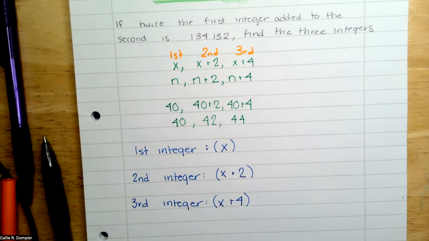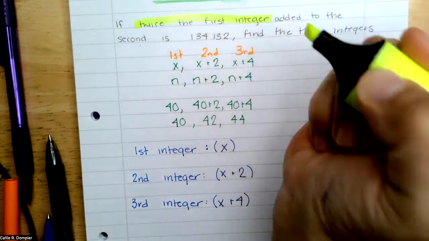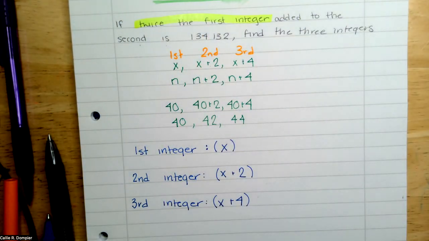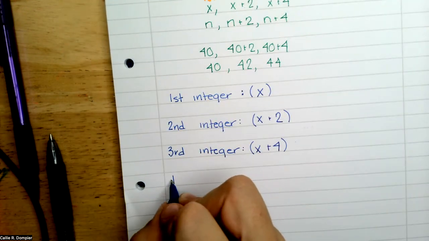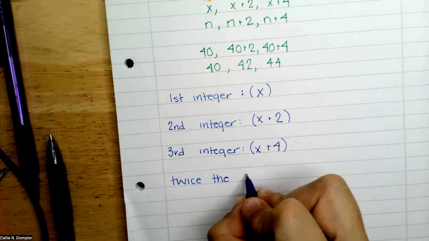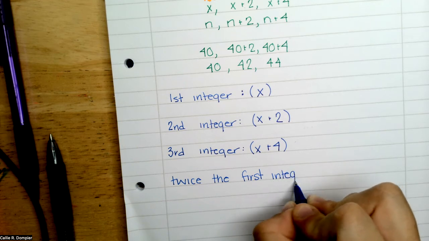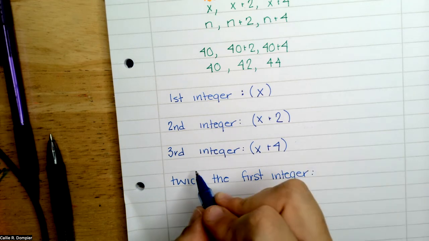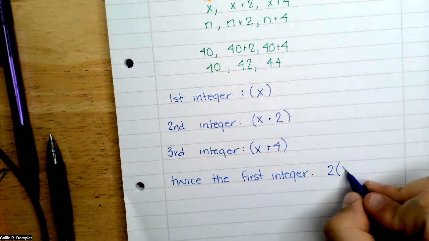If twice the first integer, if this is my first integer, twice the first integer, twice means 2 times, right? First integer is just x.